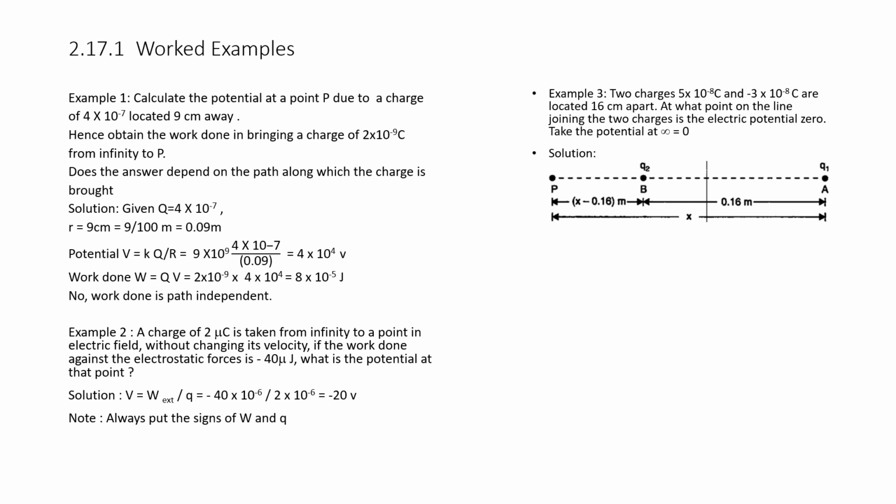So let the point P at which the electric potential is 0 be located at a distance x from Q1. That is, let us assume the distance to be x. The distance between Q1 and Q2 will be 0.16 meter, that is 16 centimeters converted into meters, and the distance between Q2 and P becomes x minus 0.16 meter.